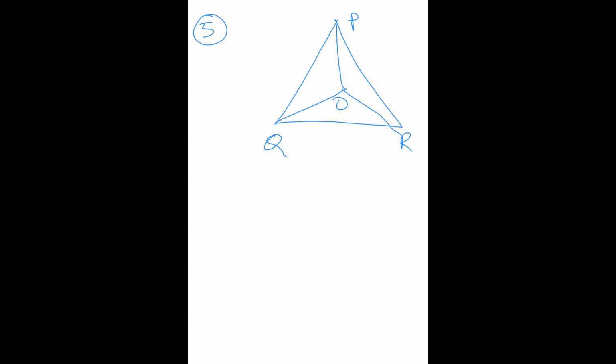This is O, this is E, F, and this is D. So what is given? DE is parallel to OQ, and DF is parallel to OR, right?